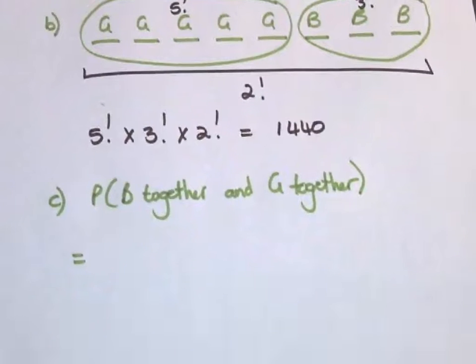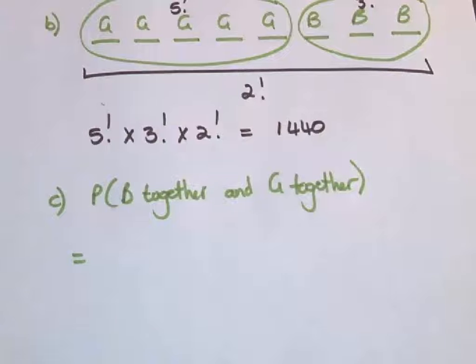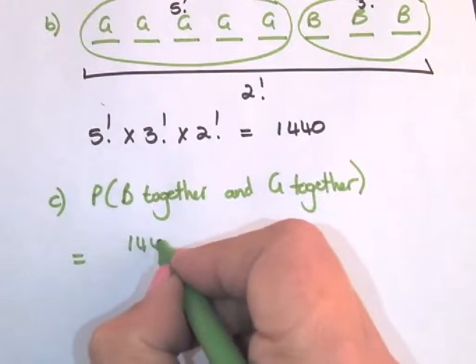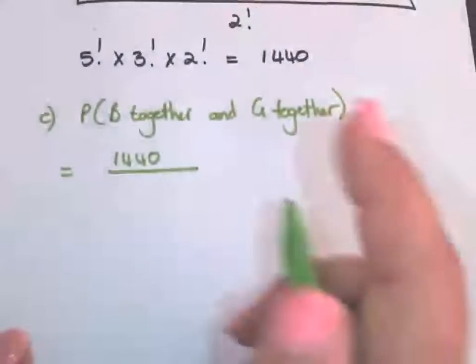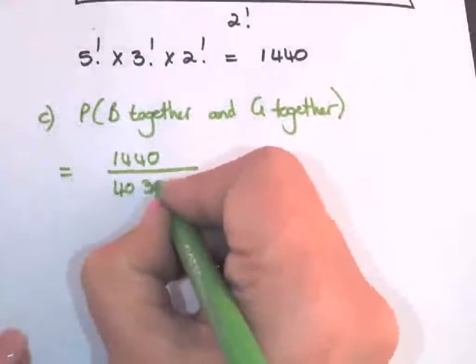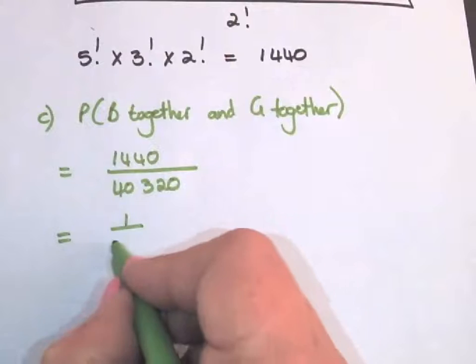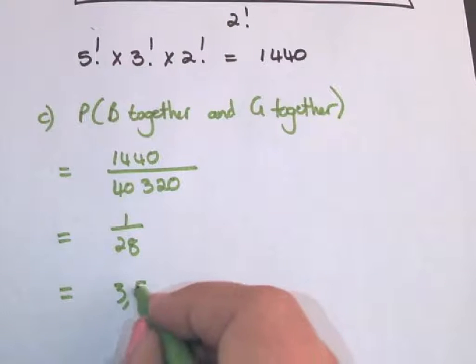What will that be? It will be the arrangements of boys and girls, so it will be 1440 over the total 40,320. And that gives you 1 over 28.